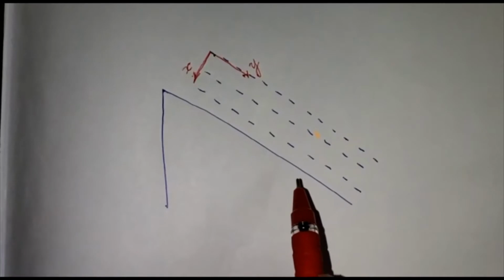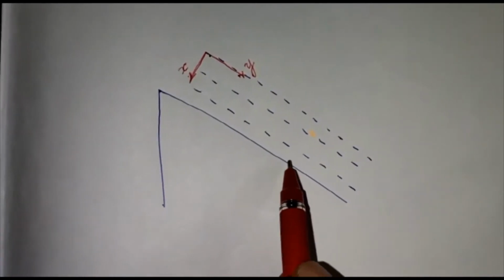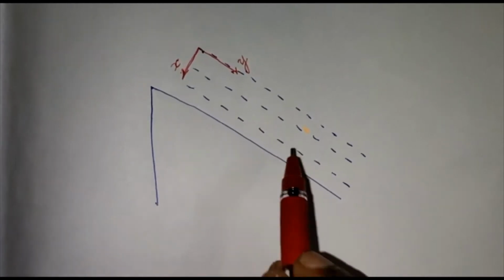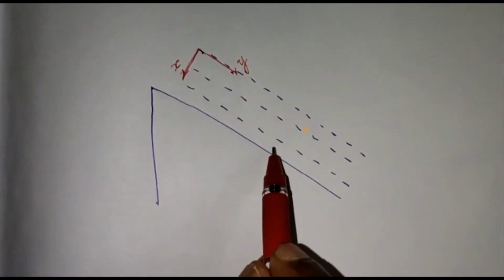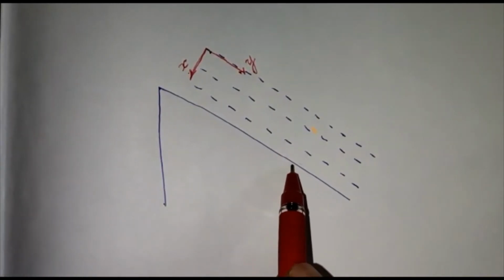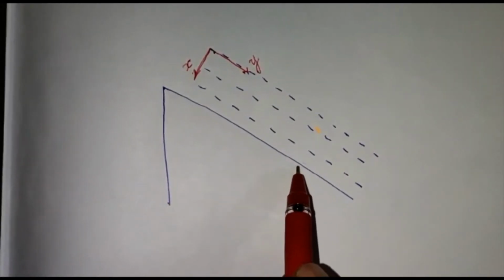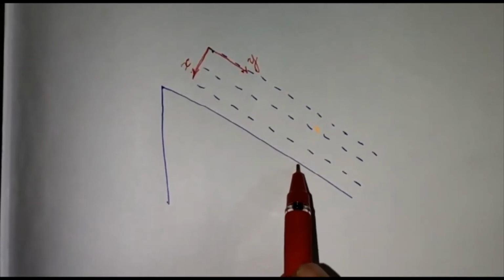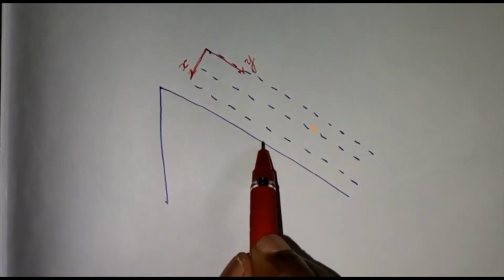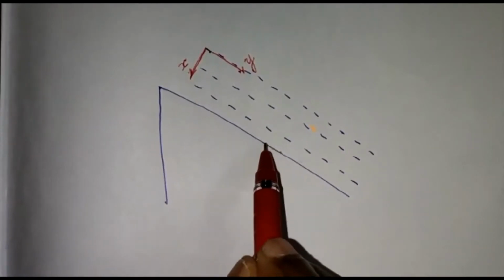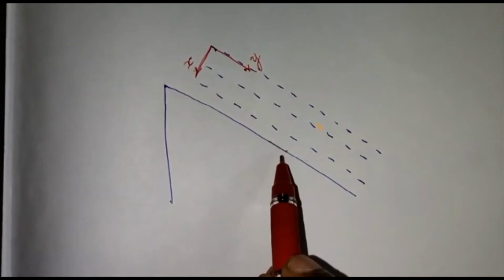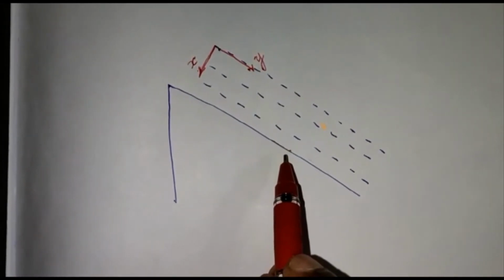Now you would have learned in your fluid mechanics that when a liquid is flowing on this particular inclined plane, the liquid molecules that are in immediate contact with this surface are not going to move. There is a cohesive force of attraction between the liquid molecules and this surface. So the liquid molecules will cling on to this surface, and as a result they have zero velocity.